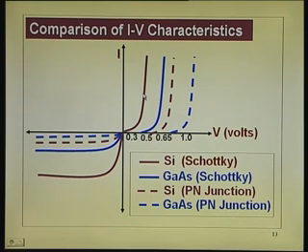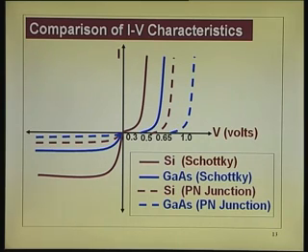The current will pass through the Schottky barrier diode. That property is made use of in fast switching TTL. In the transistor logic circuits, the TTL is slow compared to emitter coupled logic, ECL.